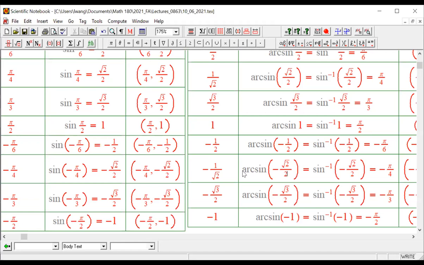If you invoke the ArcSine, whatever number follows will be treated as a ratio. If you invoke sine, whatever you input will be treated as an angle. If that angle is written without the degree symbol, it will be treated as radians. If with a degree symbol, it will be treated as degrees.